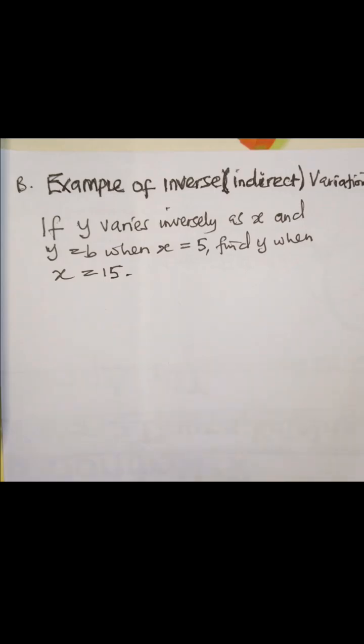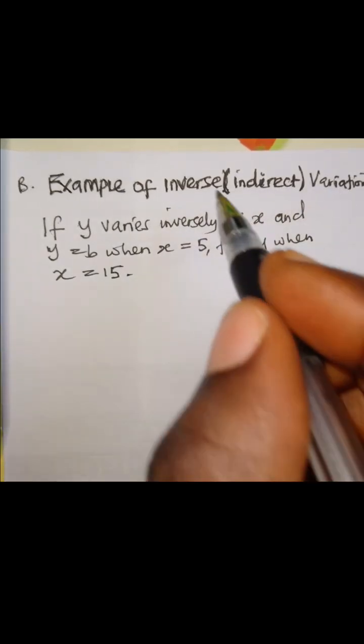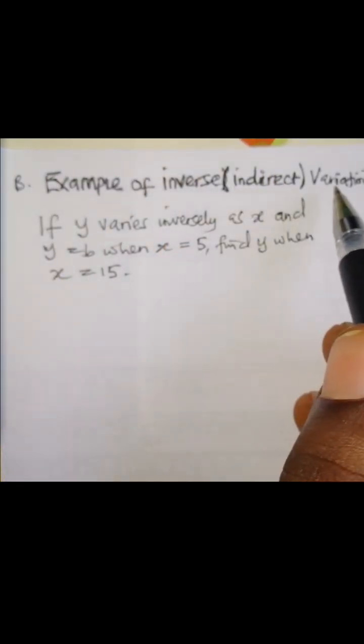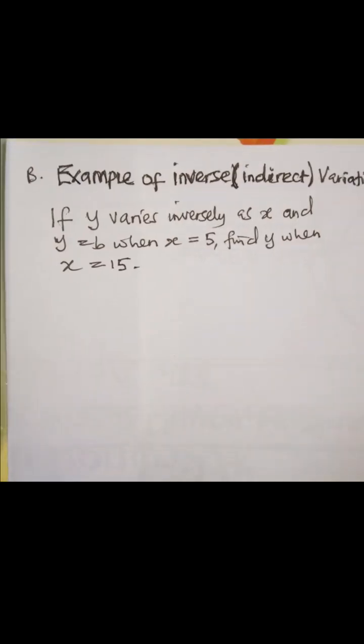Now let's look at the other type of variation, which is inverse variation or indirect variation. We are going to look at an example and see how it is solved.